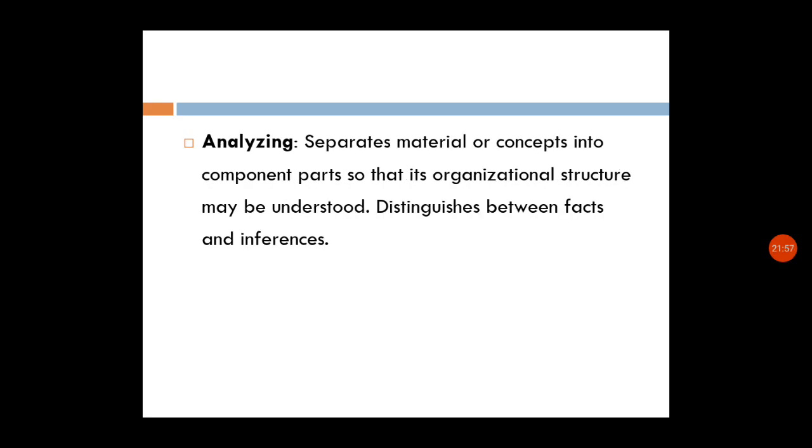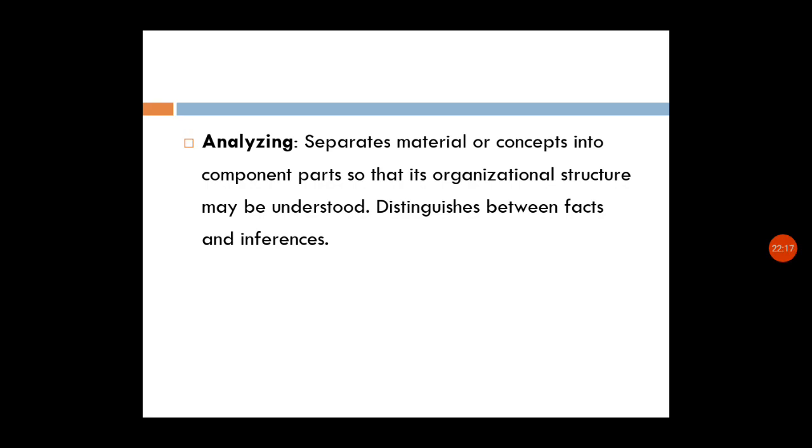Next is analyzing. Initially it was analysis in noun form; now it is the verb analyzing. It separates material or concepts into component parts so that its organizational structure may be understood, and distinguishes between facts and inferences. So we try to analyze the present situation.